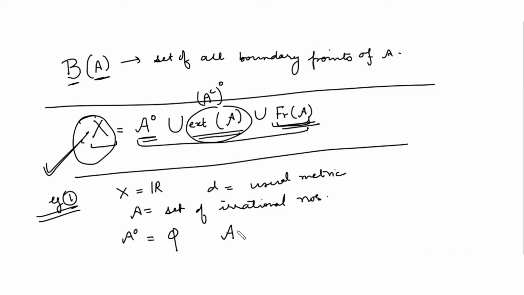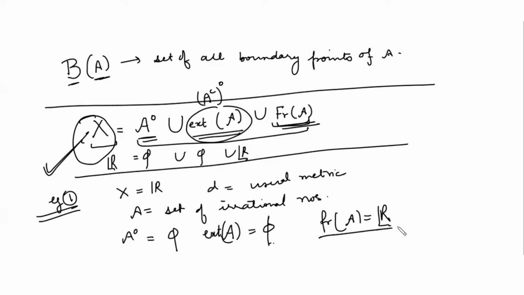What will be the exterior of A? Again phi. What will be the frontier of A? Complete R, right? So even here you can substitute: this is phi, this is phi, but this is R, and the union is equal to the complete R.